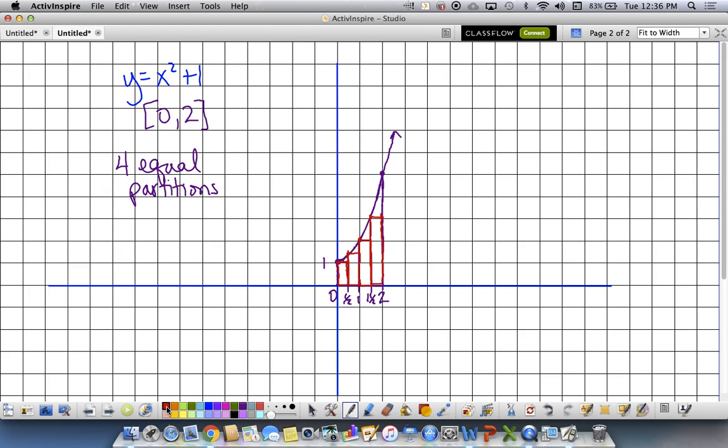Now, is this going to be an exact area? No, it's not. So this red is the lower rectangles. The approximation will be less than the actual area.